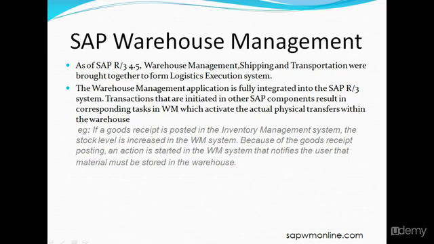Because of the goods receipt posting, an action is started in the WM system that notifies the user that material must be stored in the warehouse. So this means that the WM module is very tightly integrated with the IM module and also with other modules. So any change that is seen in the IM module or any other module will also be reflected in the WM module in real time.